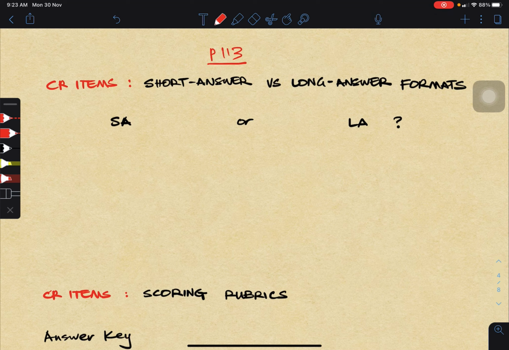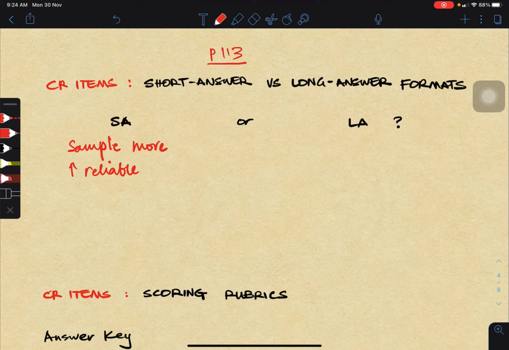Basically, as we have discussed previously, with short answer you sample more, and therefore if you want more reliable results, you would go for short answer questions because you can sample more.